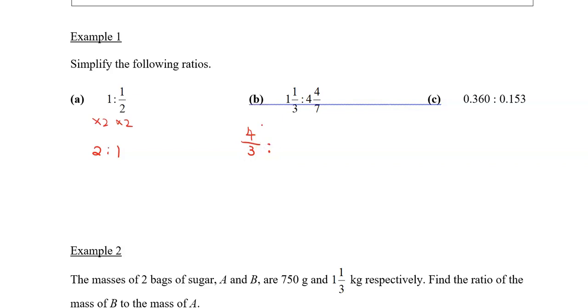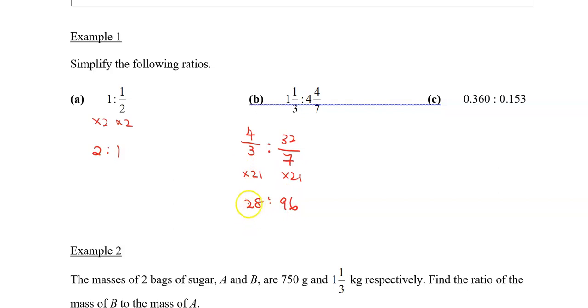4 and 4 over 7 is actually 28 plus 4, 32 over 7. If I want to simplify this ratio, I can multiply both sides by 21 to get rid of the denominator, so I'll get 28 is to 96.